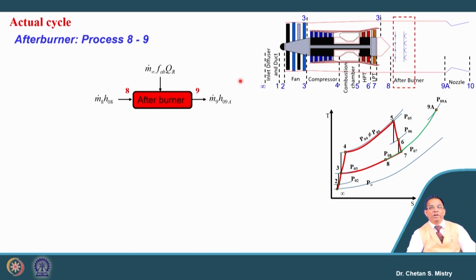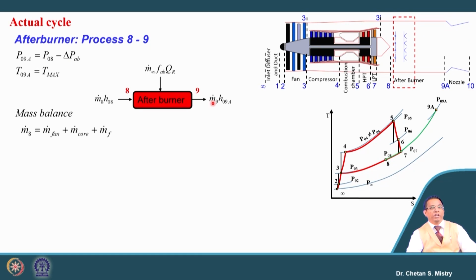So, this afterburner we can take as a control volume. What is entering inside the afterburner is m dot 8 H08, and this is the amount of fuel we are adding. In order to avoid confusion, here we are writing FAB, it is for afterburner, and this will be the exit or entry condition for the nozzle. So, let us put the energy balance here.